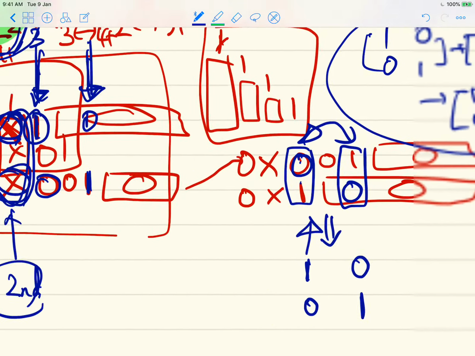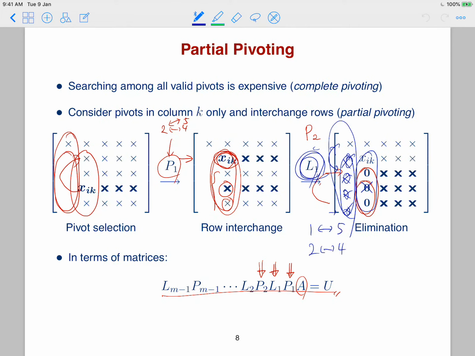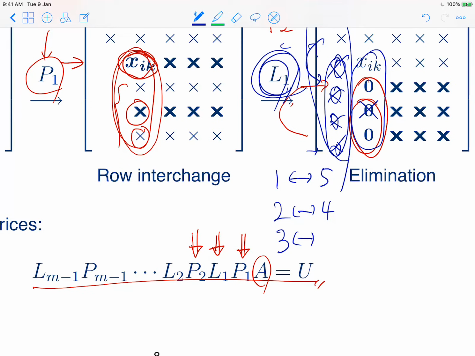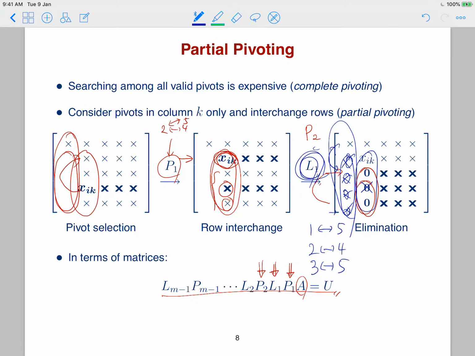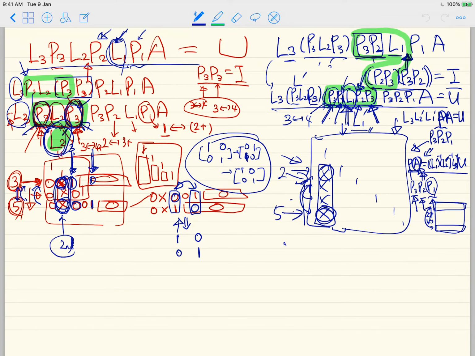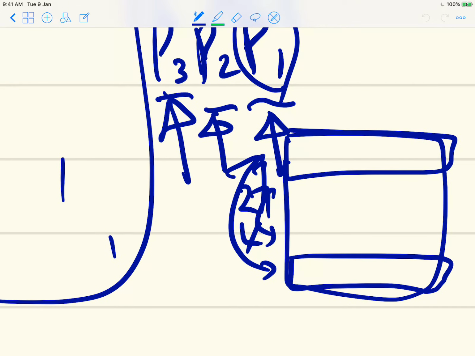Let's imagine P3 was like this guy, and then the third and the fifth row once again.